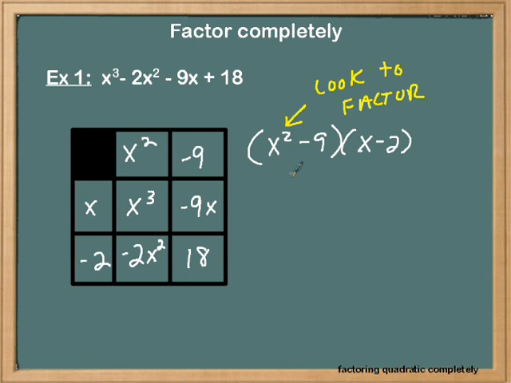And I hope what comes to mind is difference of squares, because I can break down that x squared and I can break down that 9 to an x and a 3. And I always know when I don't have a middle term that I'm going to do an x plus 3, an x minus 3. I already had the x minus 2 there already. And so this is now factored completely.